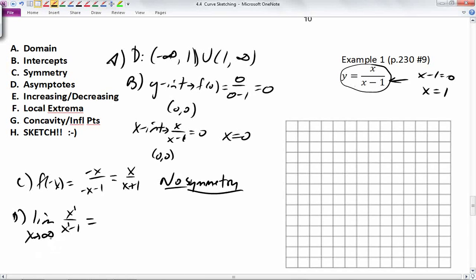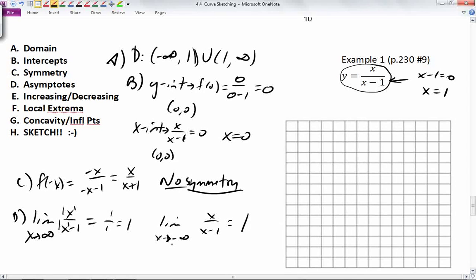Since x is approaching infinity, our limit will be the ratio of the leading coefficients. Both of them are 1, just like both of the degrees are 1. So we have 1 over 1, the limit is 1. And what if we put in negative infinity there? Then we get negative 1 over negative 1, which gives us positive 1.